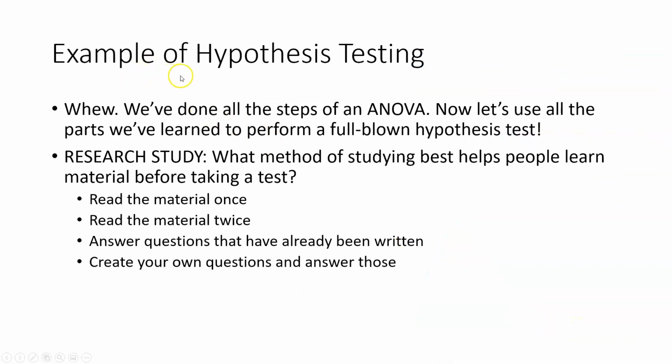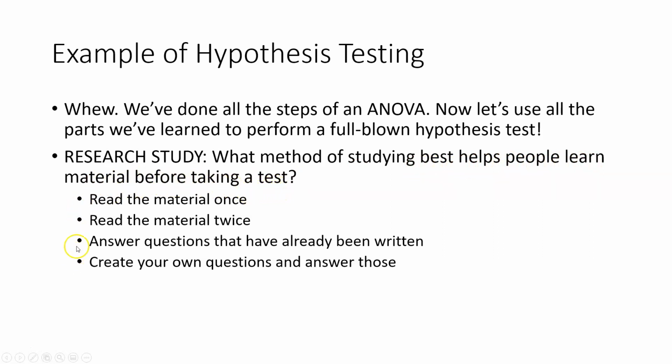So let's walk through an example of hypothesis testing. Oh my goodness, we've done all the steps of an ANOVA, so let's put them together to perform a full-blown hypothesis test. In this research study, let's use the question, what method of studying best helps students learn material before taking a test?